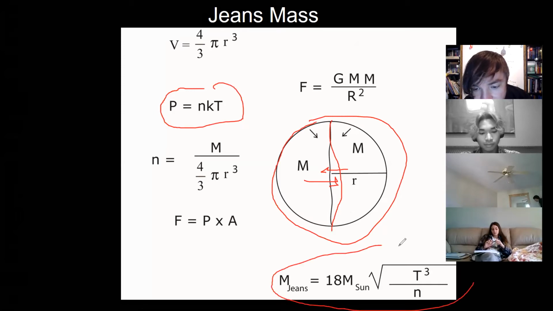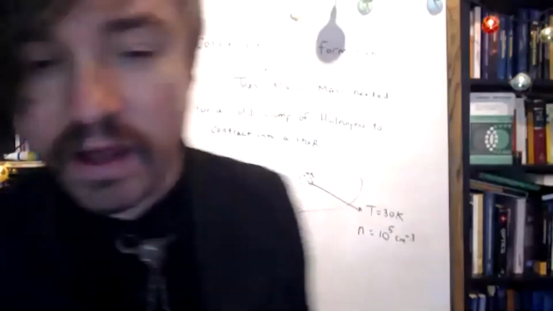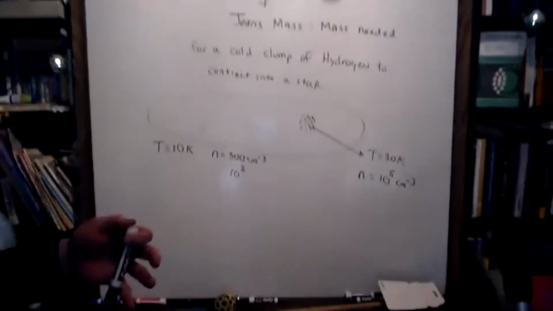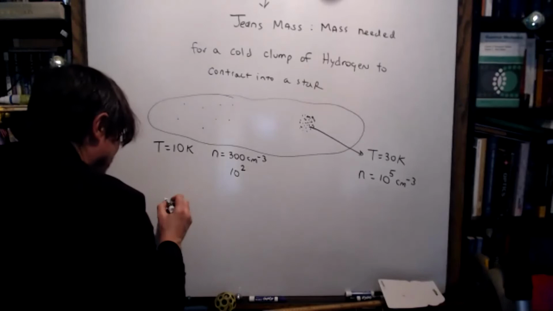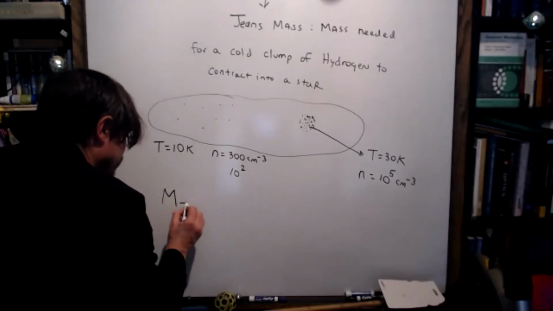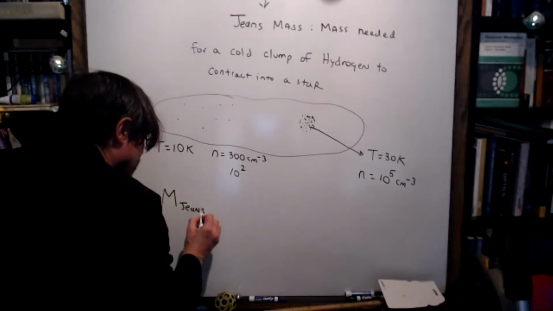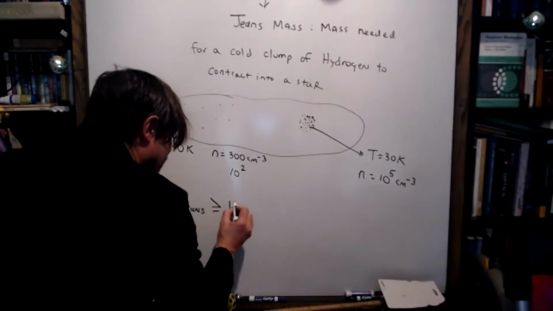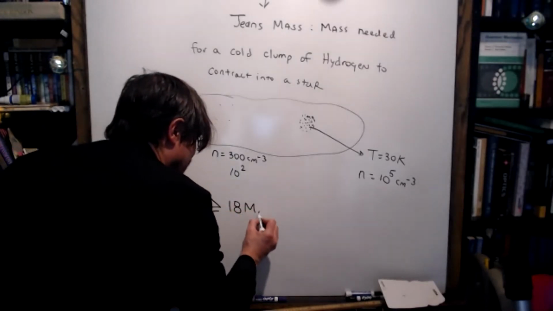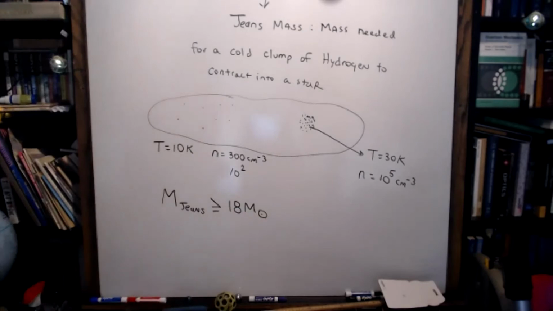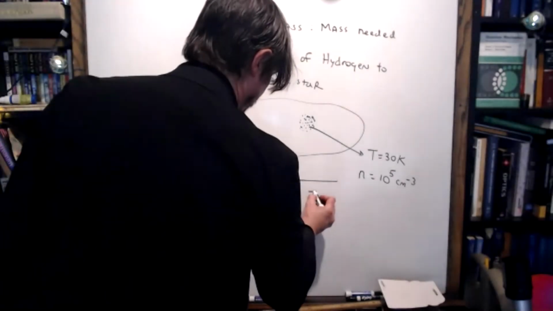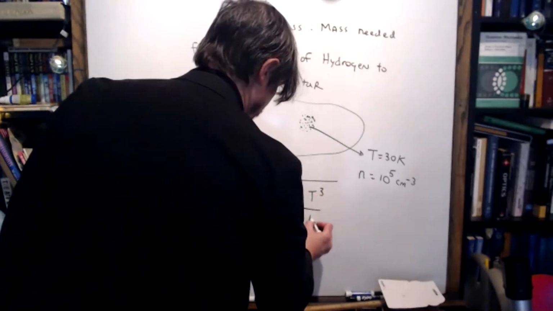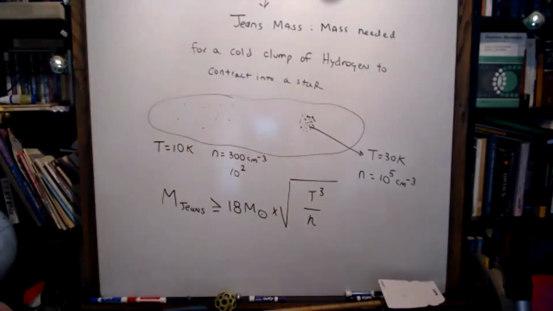And he comes up with this equation that you've seen several times before, that in order for a clump to begin to collapse under its own gravity, it needs to meet this condition. The mass of the cloud, which is the so-called Jeans mass, needs to be greater than 18 solar mass units times the square root of the temperature cubed divided by the number density.